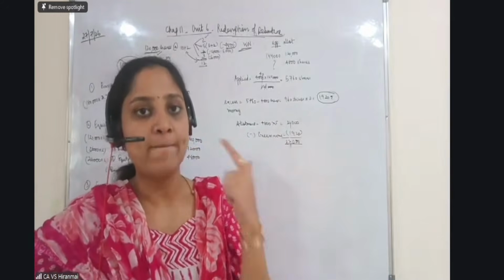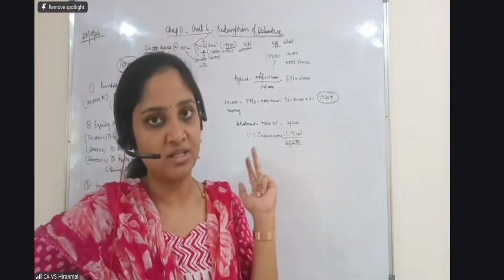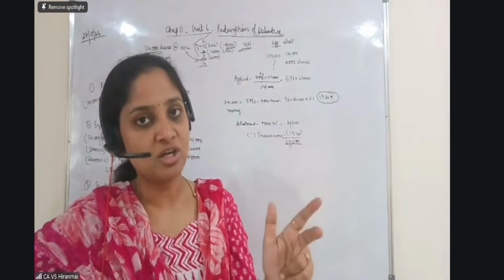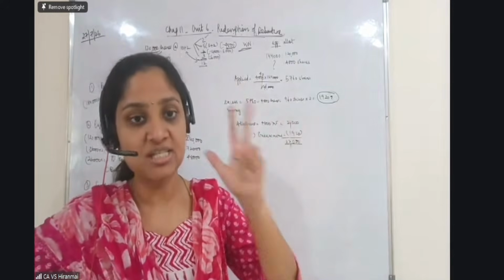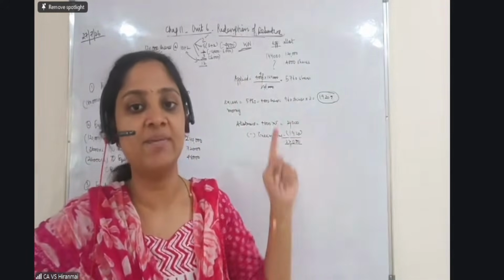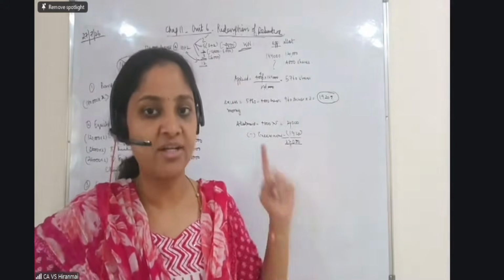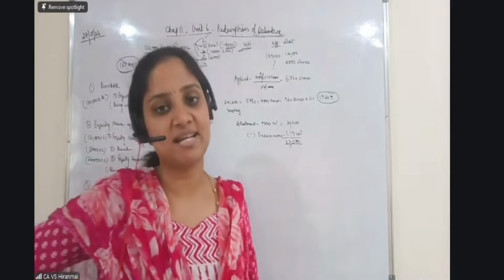Second condition, pro rata allotment should have happened. Third condition, along with pro rata allotment, calls in arrears should have happened in allotment or an installment. If all 3 are satisfied, then you should open this working note. If any one condition is not satisfied, you don't have to open the working note. In this question the 3 conditions are satisfied.